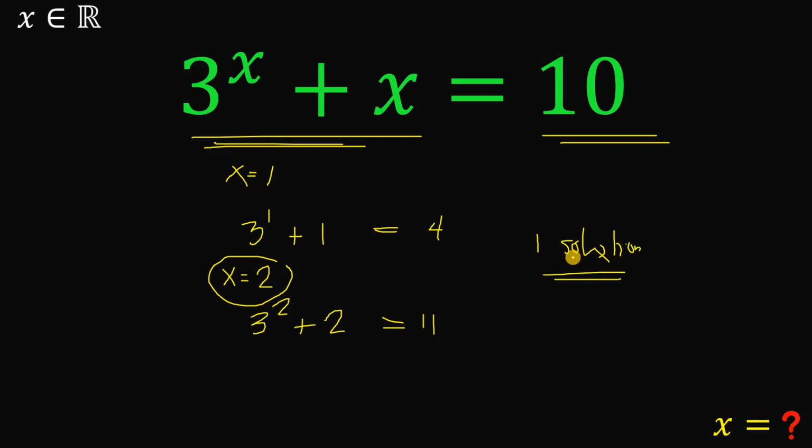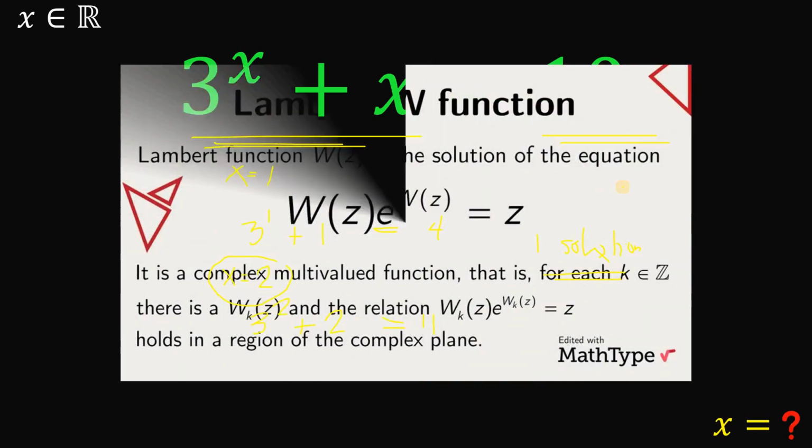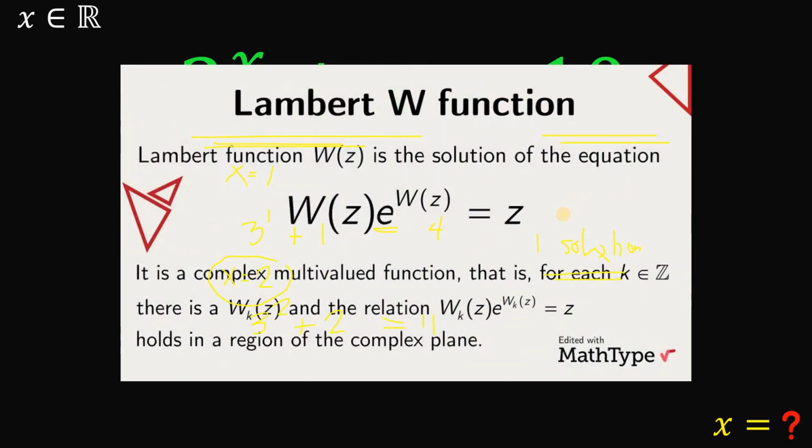So how to answer this kind of question? To answer this, of course, we will use what we call the Lambert W function. The Lambert W function is a special function, also known as the product logarithm.